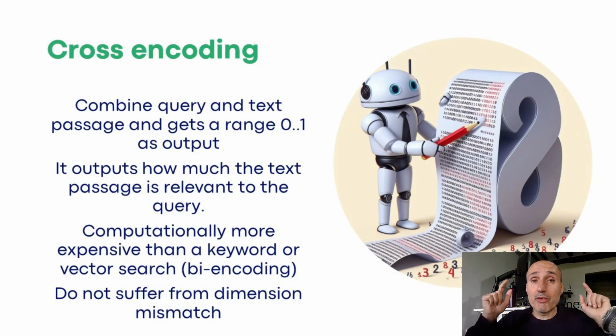But this is really powerful because it does not suffer from the change of dimension problem. The neural network analyzes the question and all the possible texts one by one, and for each pair gives you a score that tells you how pertinent the piece of text is to the question of the user.